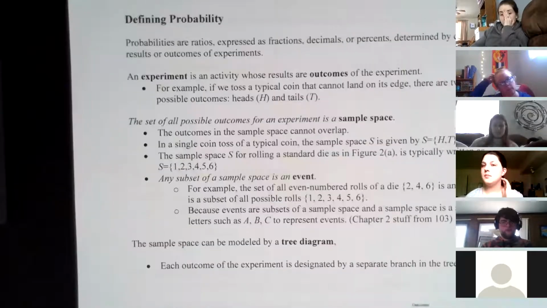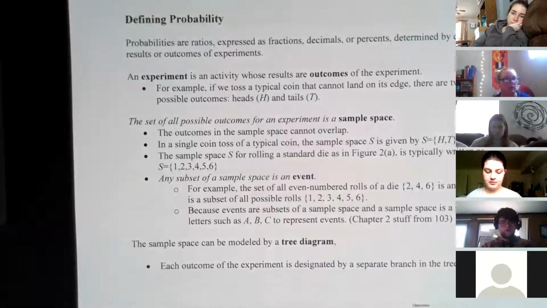So when we look at probability, we're talking about a ratio. That means we're talking about fractions that are less than 1, because you can't have something happen more than 100% of the time, right? Because either it happens or it doesn't. If it does happen, and we know it's guaranteed to happen, the probability would be 100%.